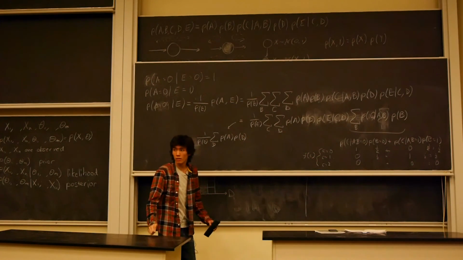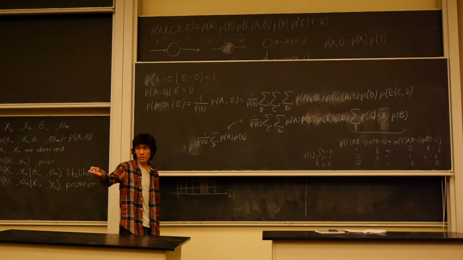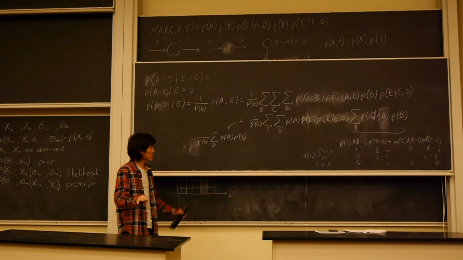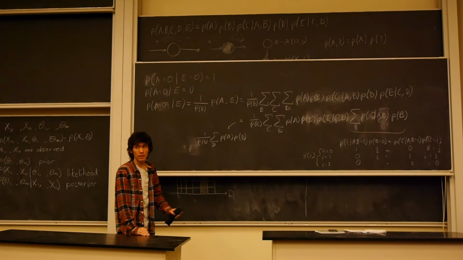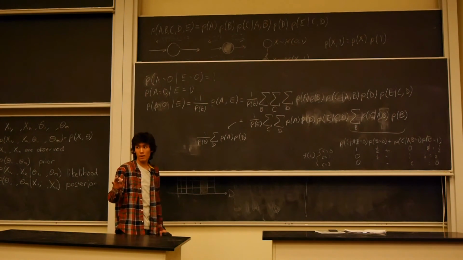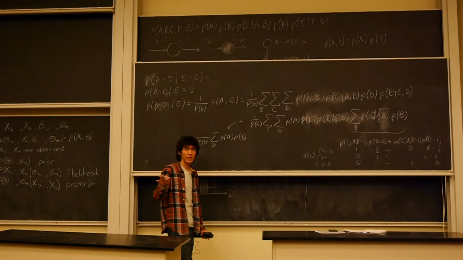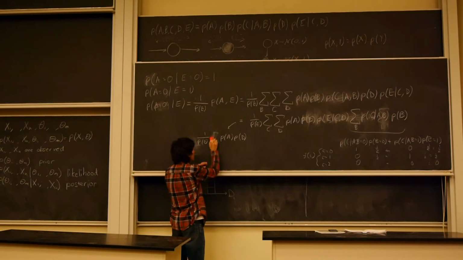Yep. The P of A can be taken outside the whole thing, right? Because it is independent of everybody. You're right, that's good. Does everyone see why P of A can be taken out entirely? It's independent of everything, right? But the problem is that, actually, yeah, that's right. So I can do the following.